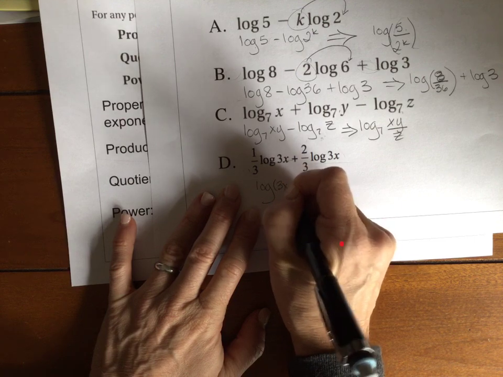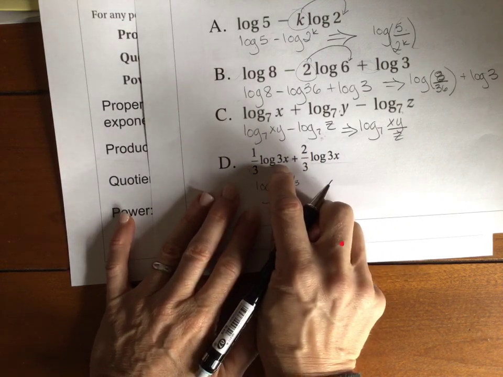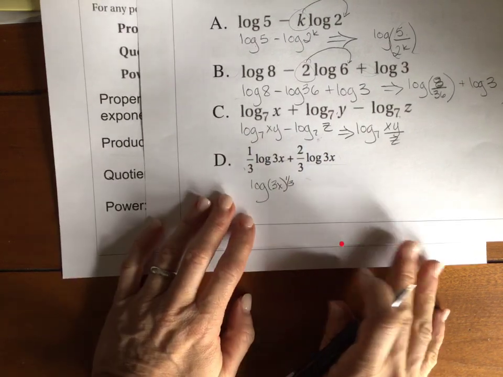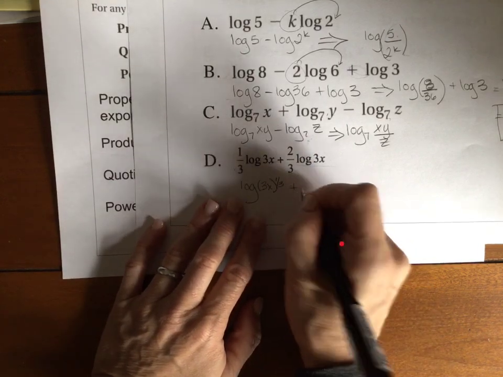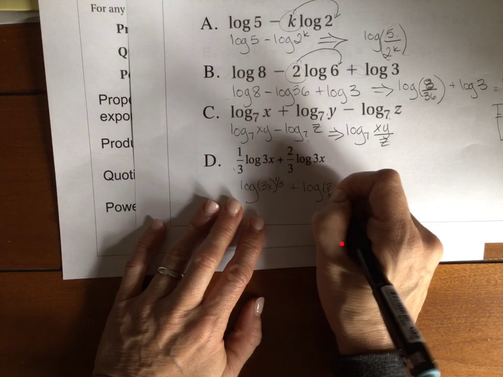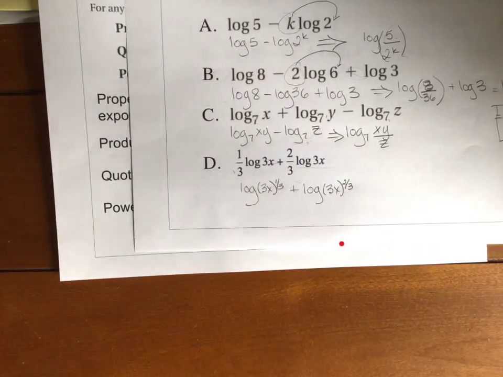So this is going to be 3x to the 1/3. Make sure everything is to the 1/3 power. It's not just the 3 or just the x. And then this one is going to be log of 3x all to the 2/3 power.